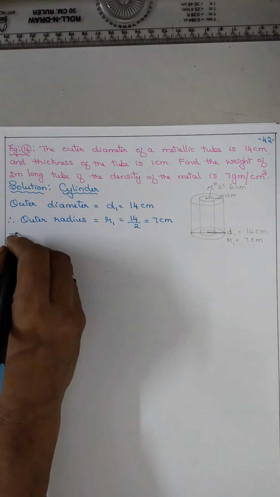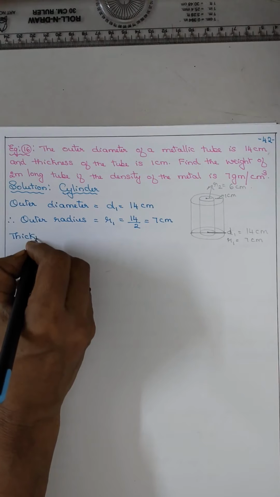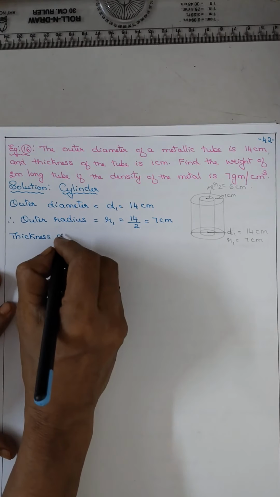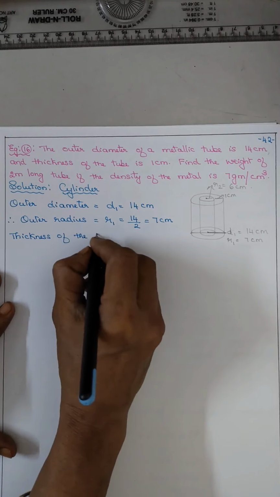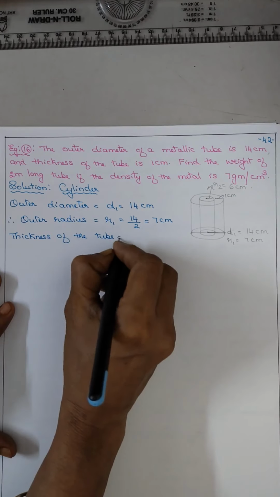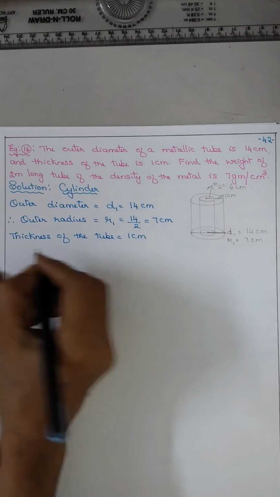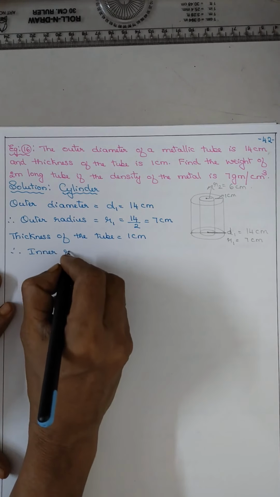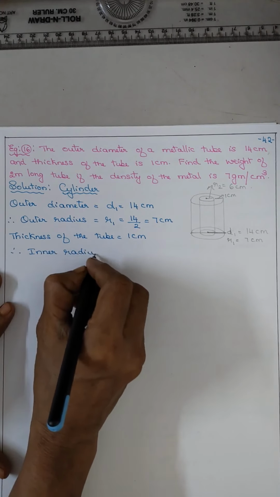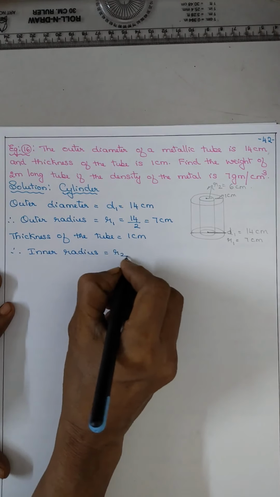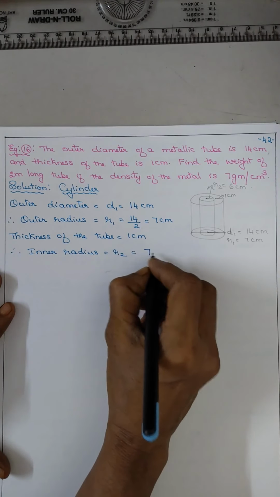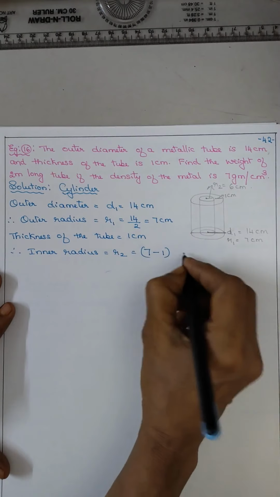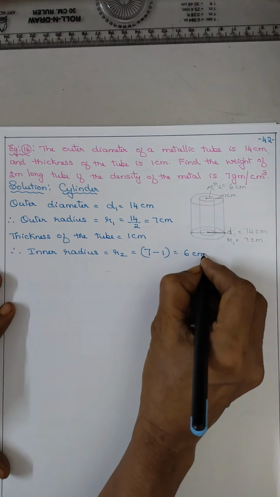Next they have told thickness of the tube is equal to 1 centimeter. Therefore inner radius, let it be R2, is equal to outer radius minus the thickness. You will get the inner radius.